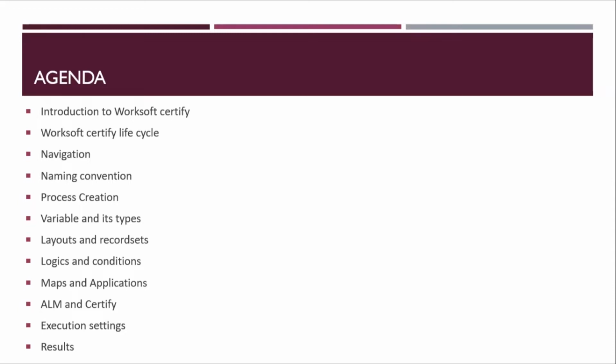So how we are going to handle logics and conditions in Worksoft Certify, that we are going to discuss. And maps and applications, these are the major things where we store all our object repository, like object properties, and everything will be coming from maps and applications.